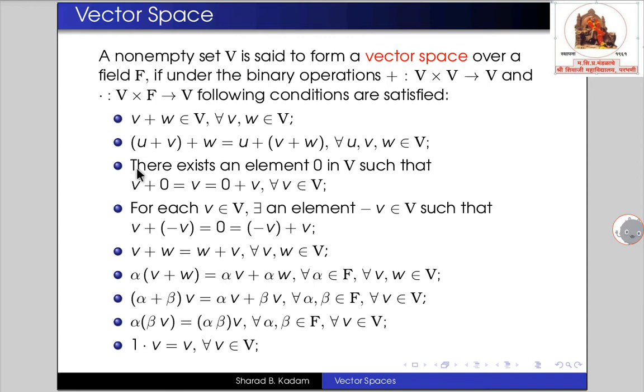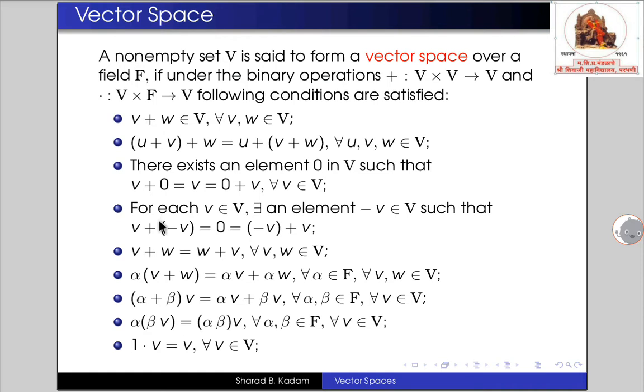Third condition is existence of additive identity. This states that there exists an element 0 in the set V such that v plus 0 equals to v and 0 plus v equals to v. And this condition holds for every v in the set V. Fourth condition is existence of additive inverse.